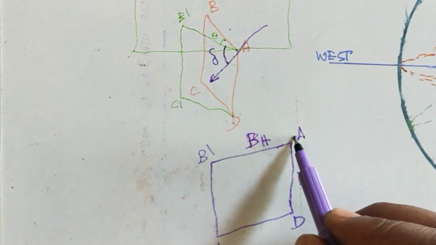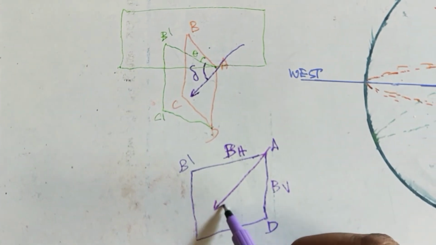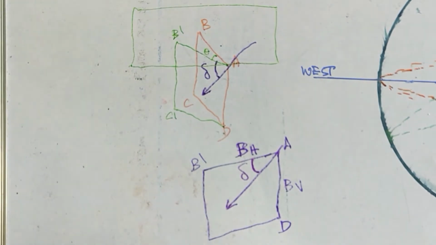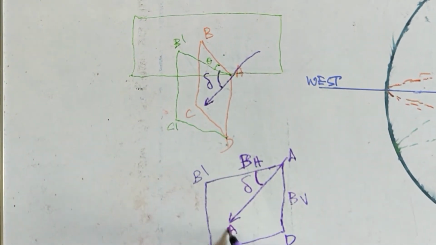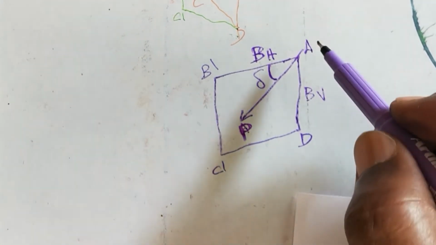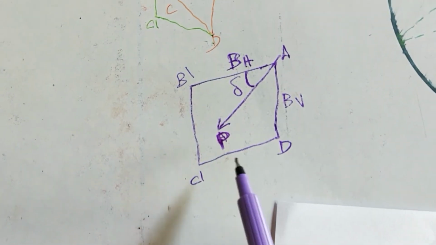Now the magnetic field that is passing through the Earth's horizontal. This angle we are discussing is called the angle of dip. This point I will mark as P. This AP line is the direction of Earth's magnetic field line.